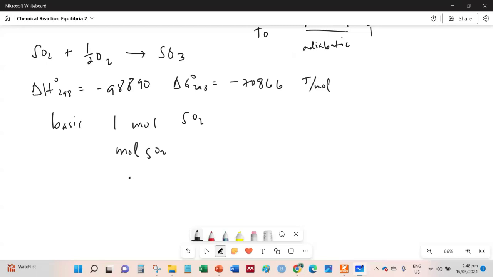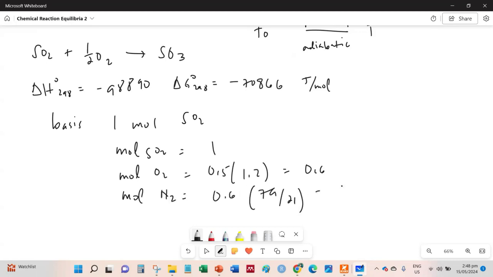Therefore, the mole of O2, if there's an excess of 20%, is 0.5 times 1.2, where 0.2 is because of the 20%, so that's 0.6. And the mole of N2, just use the ratio 79/21, and you will get 2.257.